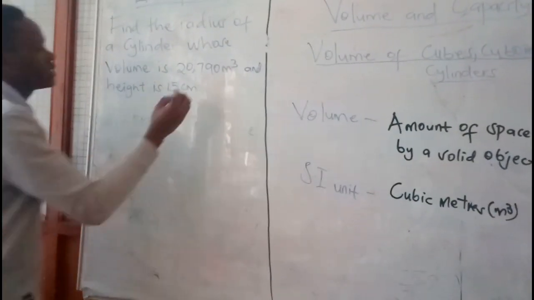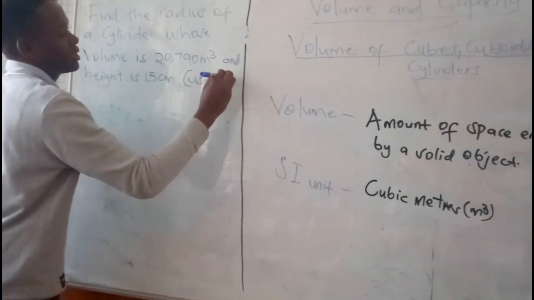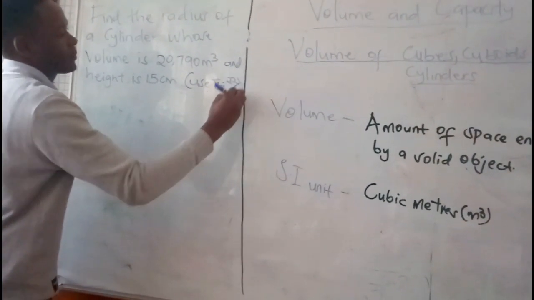So in this question, given a clue, use pi is equal to 22/7.